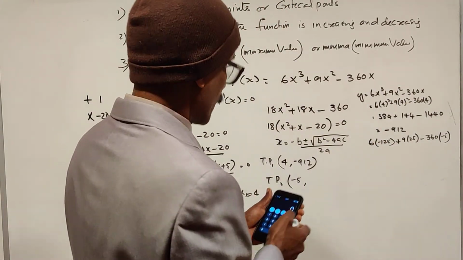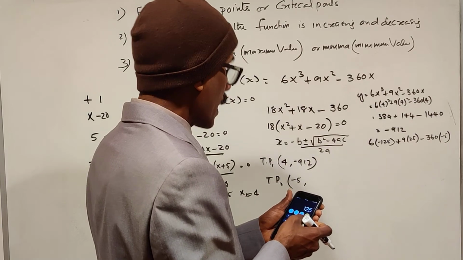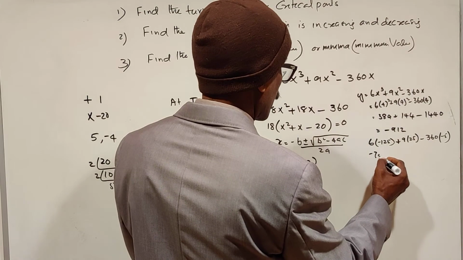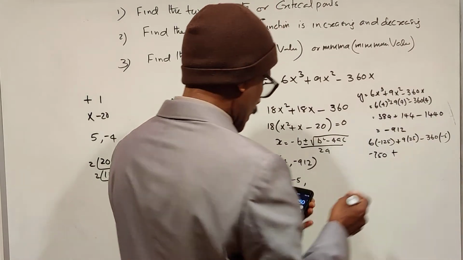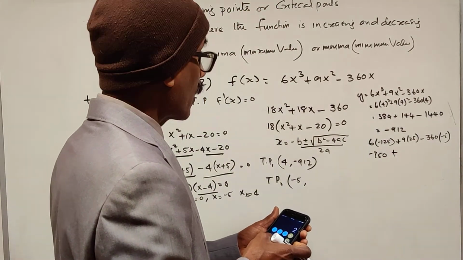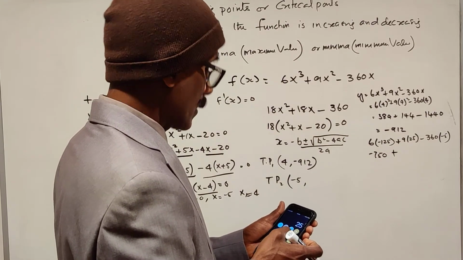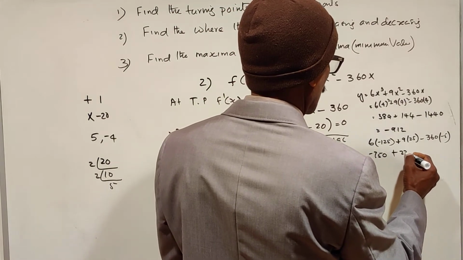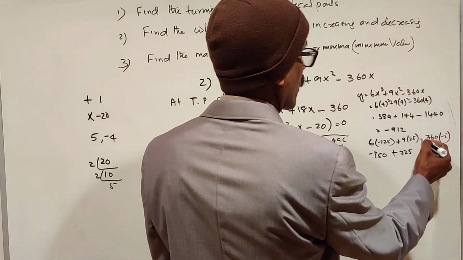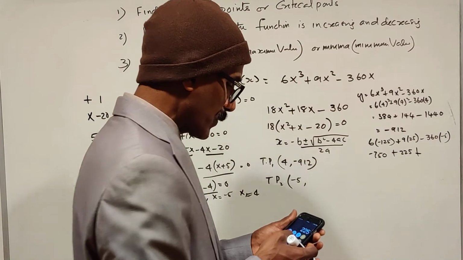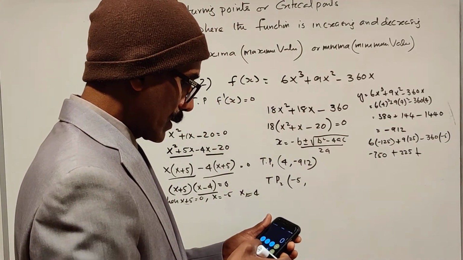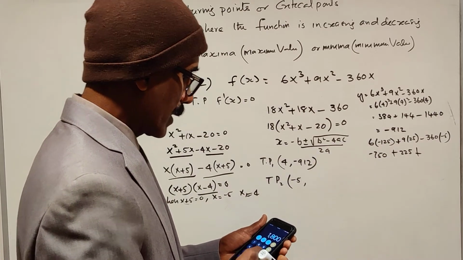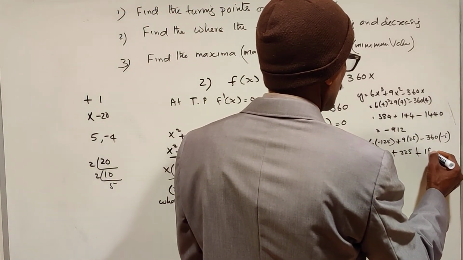Okay, I'm going to calculate this. 125 times 6 equals negative 750, plus 25 times 9 equals 225. Minus into minus is plus. 360 times 5 equals 1800.